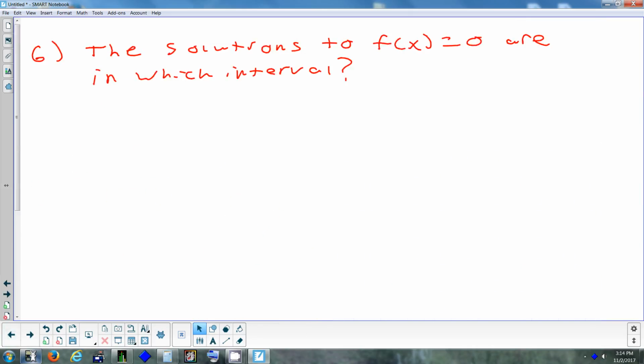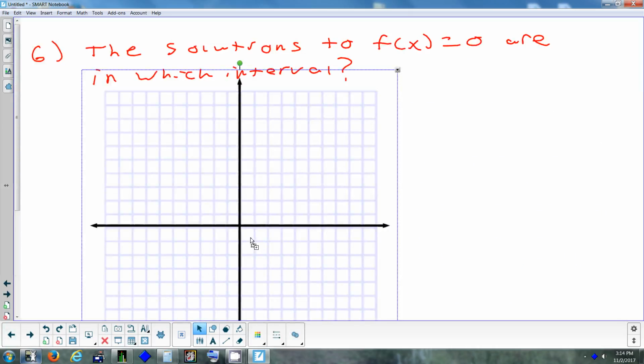So I'm going to make up a sketch here. I'm not going to make up an equation because it'll be quicker if I just do a sketch. Okay, let's say you had some problem I gave you on the test. You type it into your calculator and that's what it looks like. And that's the graph of f of x.